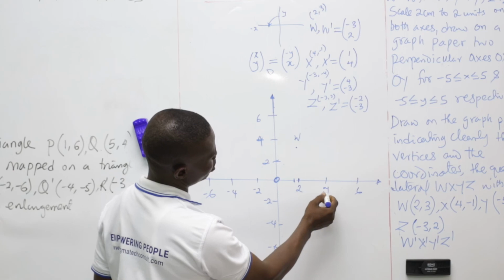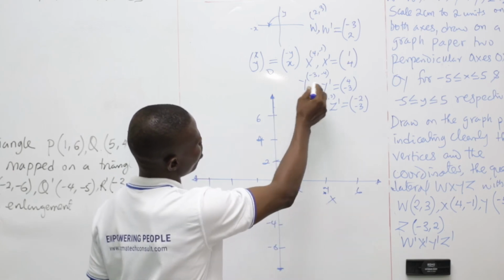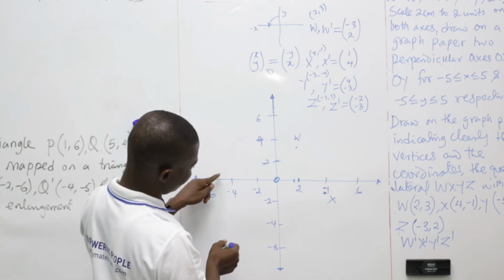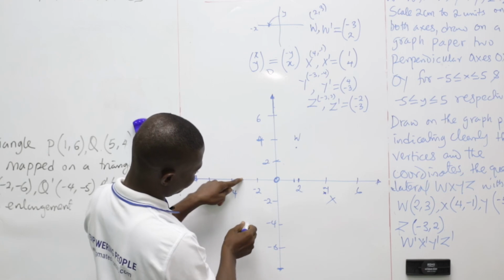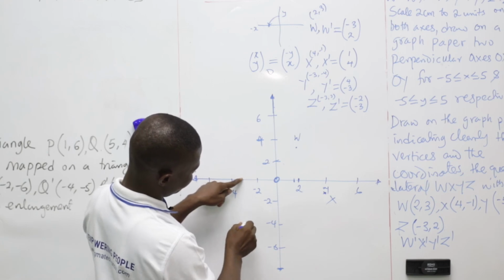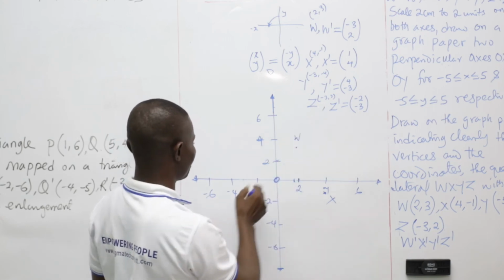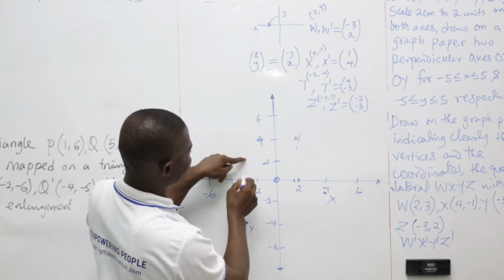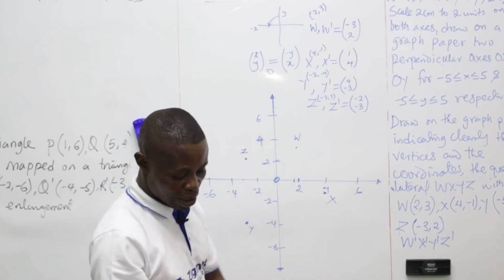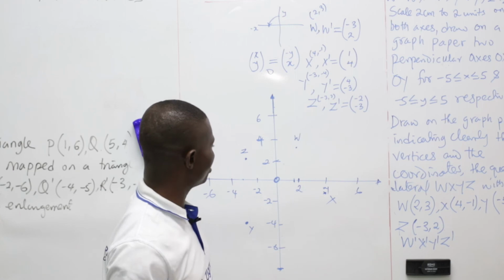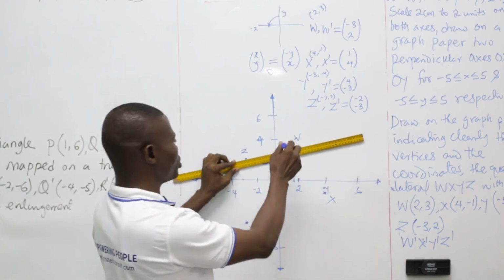You plot, you call it X. The object Y, (-3, -4): see -3 for x, -4 for y. You call it Y. Finally, -3 against 2, which is Z. Let us join the object to enable us to draw the image. Now we are joining the object.